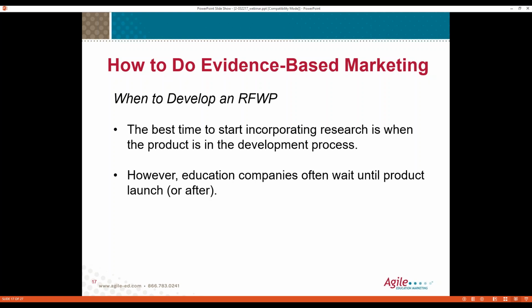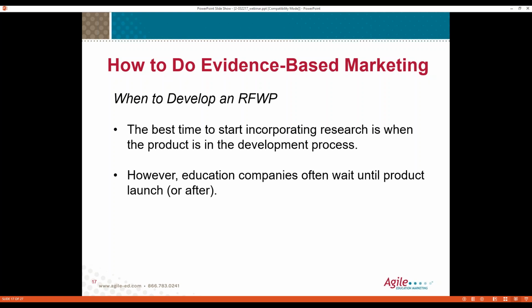Just so that you understand that if you're doing it at the back end, it's kind of like a reverse engineering process. You might know some of the research from your in-house experts, what they relied on, but it's in your interest to go back and figure out what other research is out there that is in alignment with what you've done so that you can put it all out there.